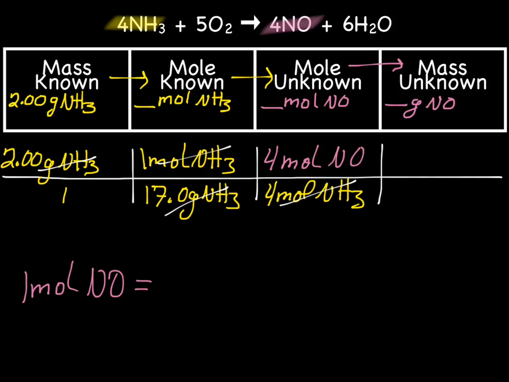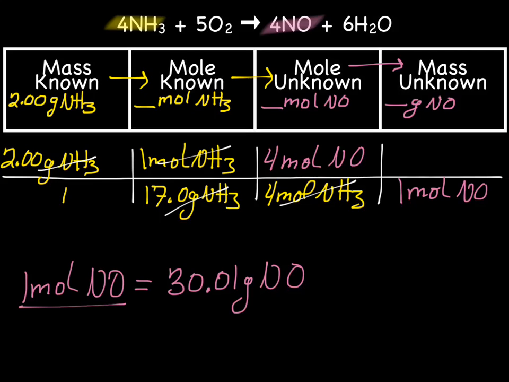So we're going to take the mass of a nitrogen plus the mass of an oxygen, and that gives us 30.01 grams NO. And nitrogen and oxygen both have 4 sig figs, so our answer is going to have 4 sig figs. We're going to put 1 mole NO on the bottom for crossing out, and on the top we'll go 30.01 grams NO.